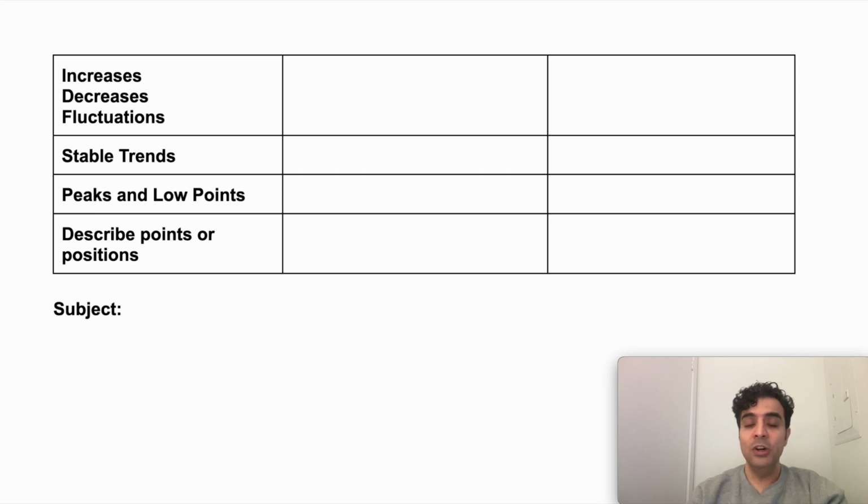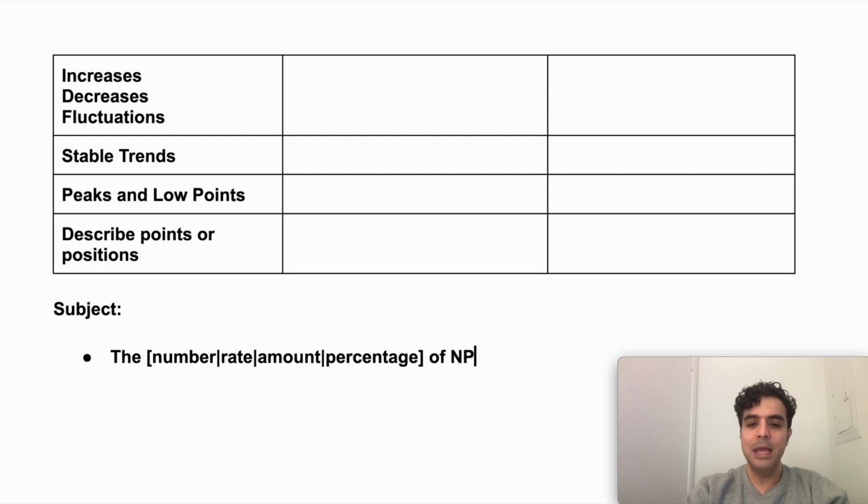Because that was going to be essentially what all the numbers and figures in our report represent. So first we need to state or form a subject. And how are we going to do that? I'll show you. It's very simple. So you basically go with the number, the rate, the amount, or perhaps even the percentage of, and then you add whatever your MP is.